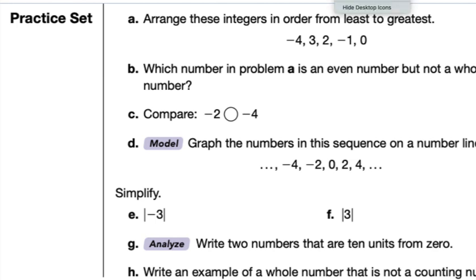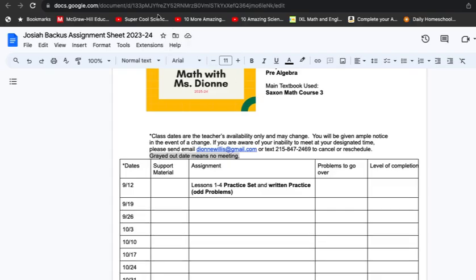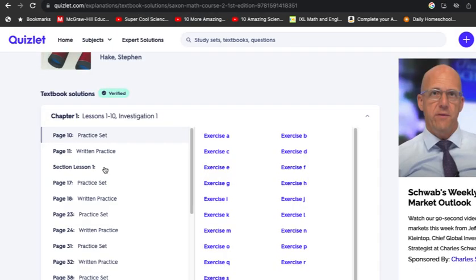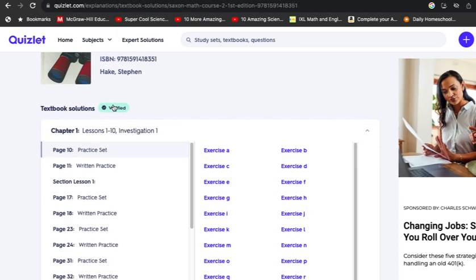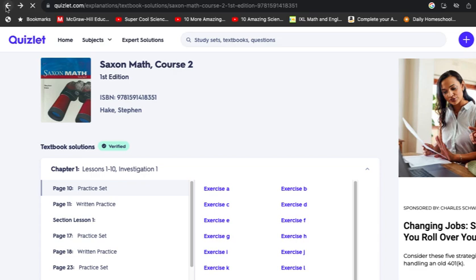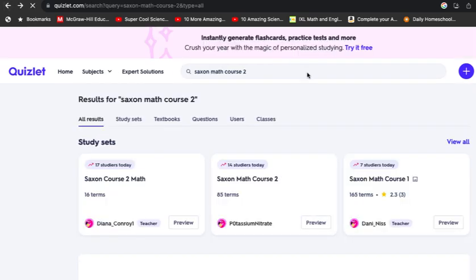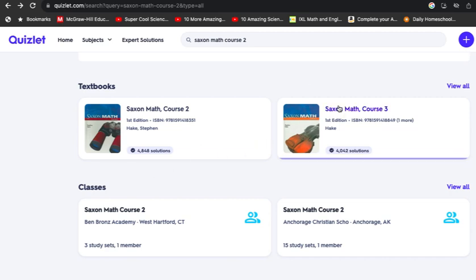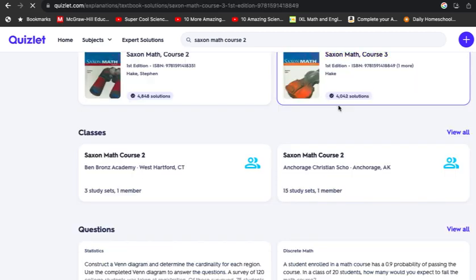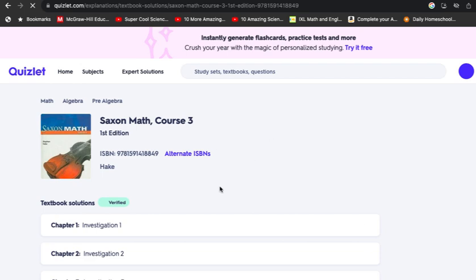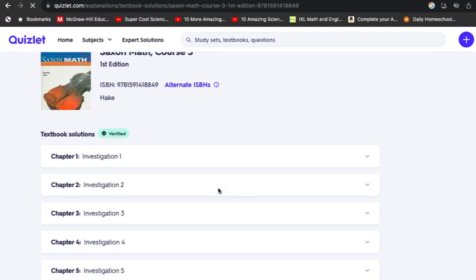And if you want to check these, I'd like you to go to Quizlet, and you can find your textbook. This isn't yours, but let me see if I can grab your textbook. You can search for your textbook. You'll find this picture of the violin. You'll click on it, and you will now have access to 4,042 solutions to everything that you've been doing.